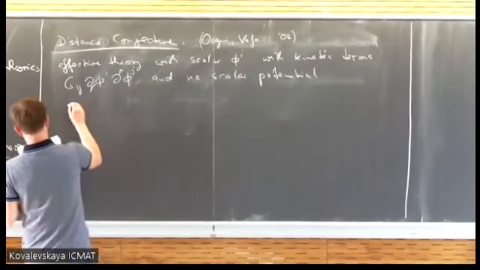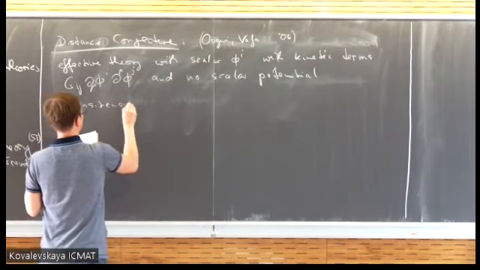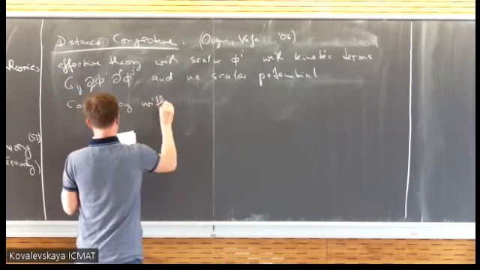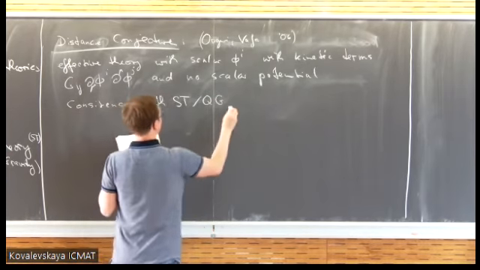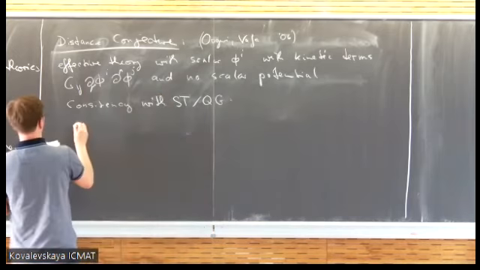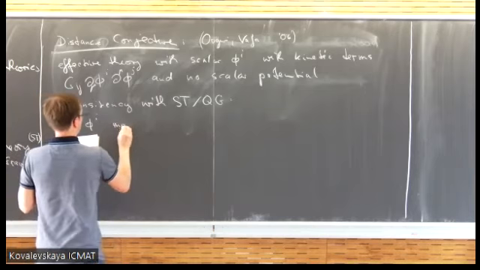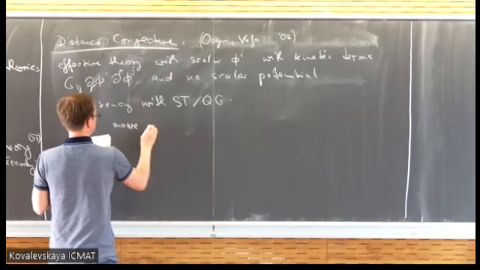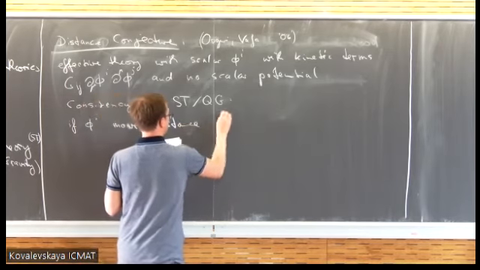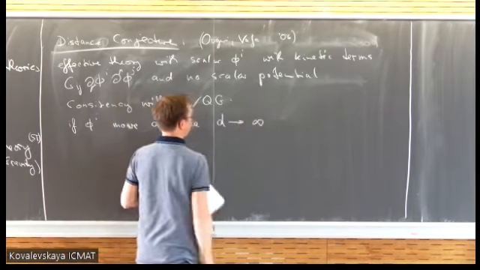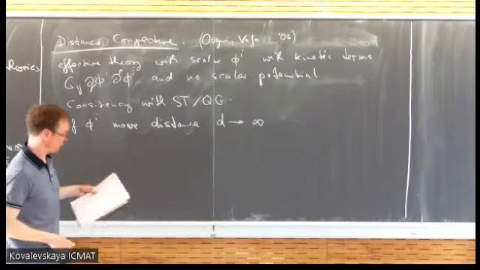And then the conjecture says the following: consistency with string theory / quantum gravity now requires the following. If I go with phi I a distance d, which can become infinite, so a very long distance approaching infinity.